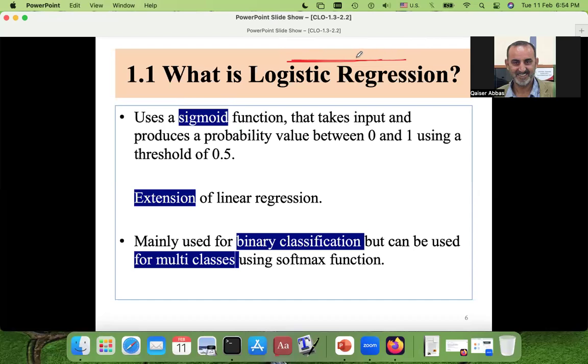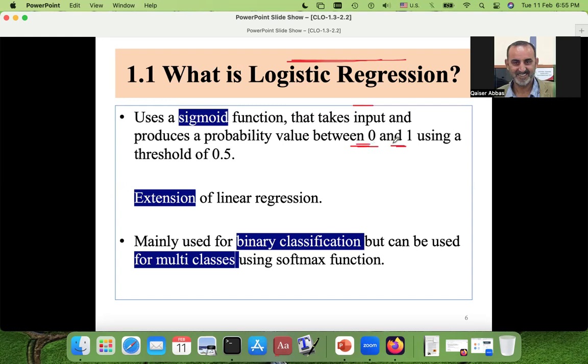Like other models, in this model we will have some input. This model will predict the probability of that input between 0 and 1. If it is probability, then you can understand it would be between 0 and 1. Like other probabilistic models, it will take some input, and finally it will give you some probability value between 0 and 1.